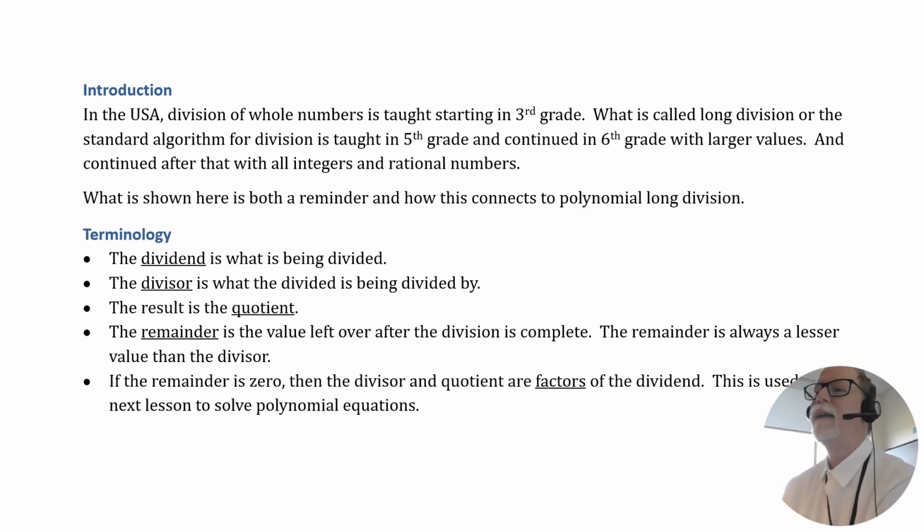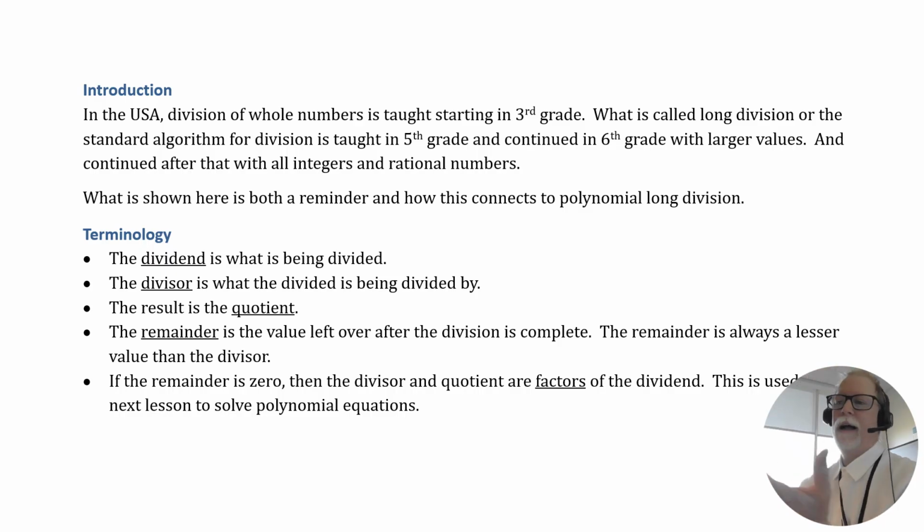But fifth grade is when the standard algorithm for division, which is the long division that we're going to look at, is taught. I think I read it was 2 digits, and then in sixth grade they went up to 3 and 4 digits. And then I didn't record when you move beyond the whole number into negative values and then fractions, rational numbers like that.